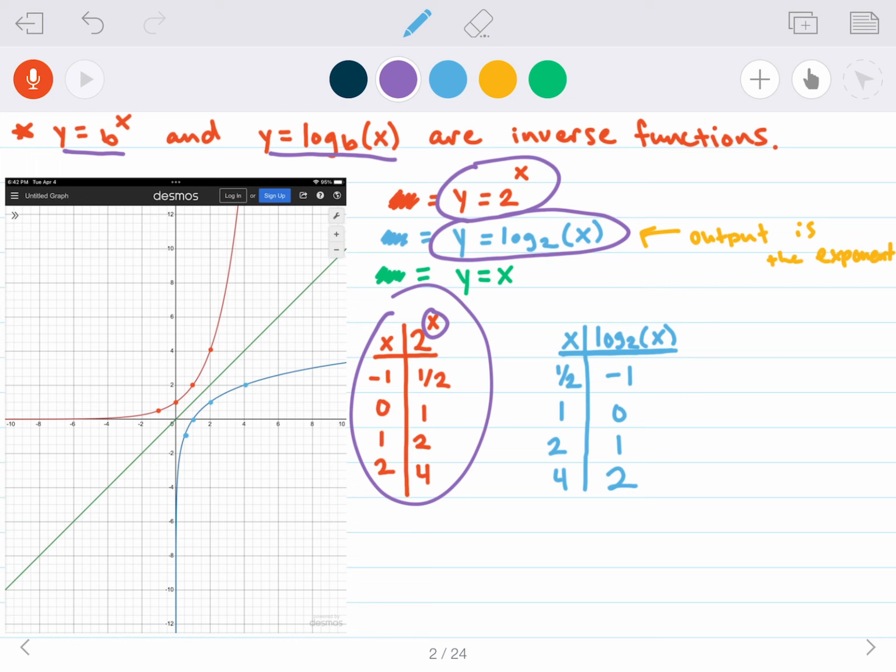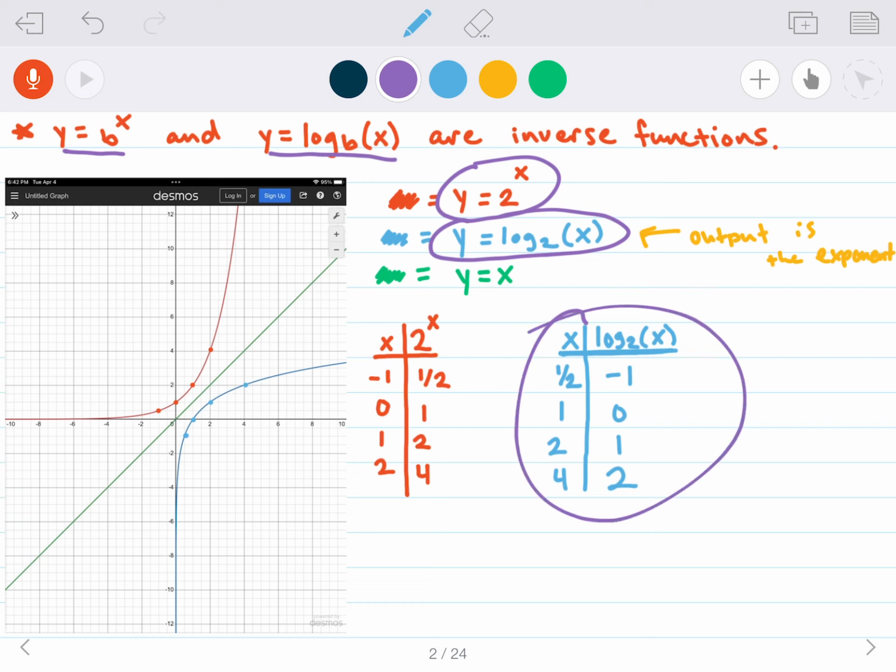So 2 to the -1 is going to give us a half, 2 to the 0 is going to give us 1, etc., etc. And we get these points. And over here with the log, it's reversed, right? The y's of the exponential become the x's of the logs, and the y's of the logs are the x's of the exponentials. So we basically just flip the x and y values.